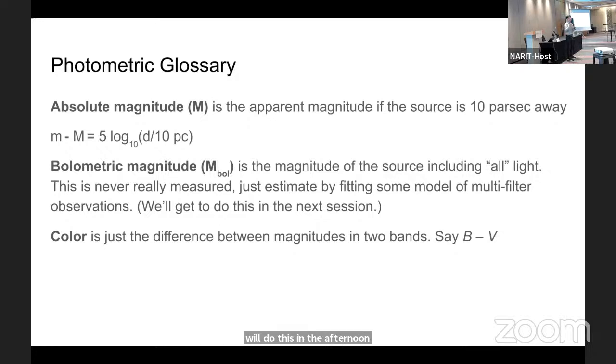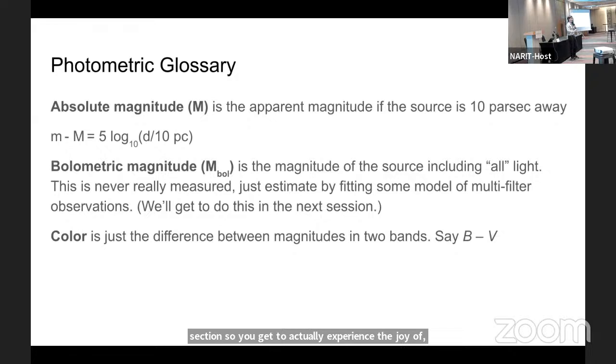We say, okay, in the background it looks like this. We have 3 observations. Let's fit a model to it, extrapolate, and fill in the gap of the unobserved and see what the total amount of light is. Again, as I mentioned, we'll do this in the next section, so you get to actually experience the joy of fitting a model to some data.